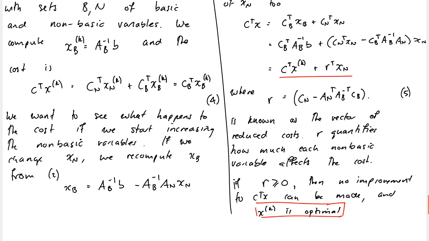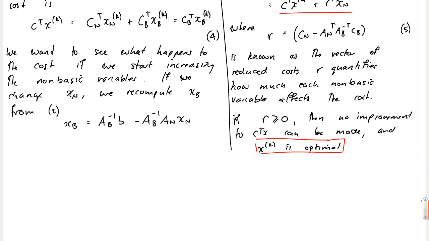If r is greater than or equal to 0, we can't improve c transpose x, and we're optimal. Otherwise, we pick the most negative. Okay, it's not actually the only way to do it, but it's the most common one.